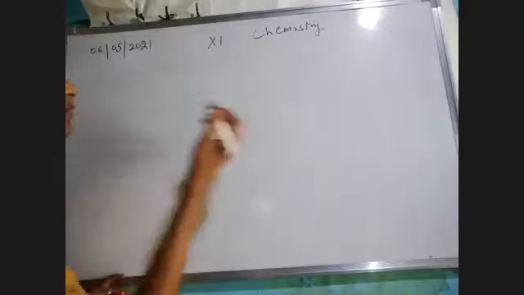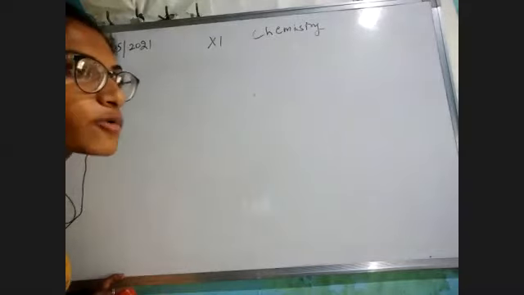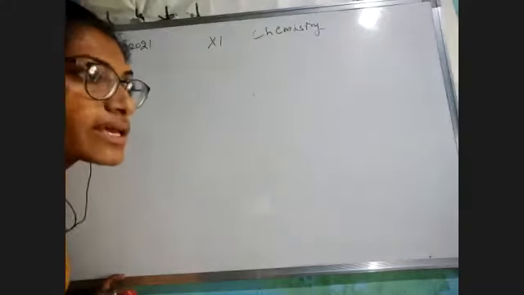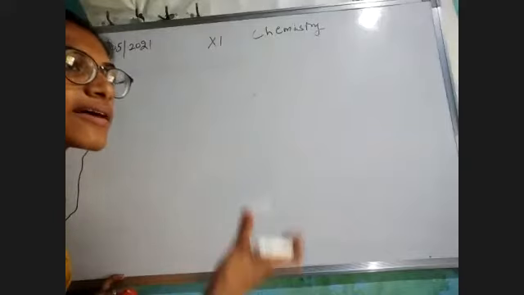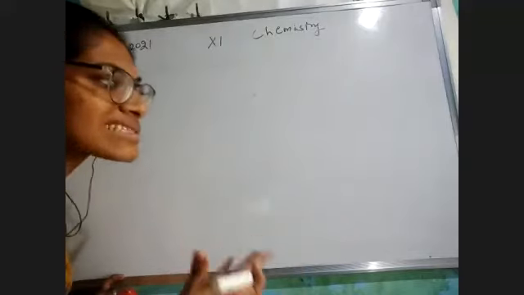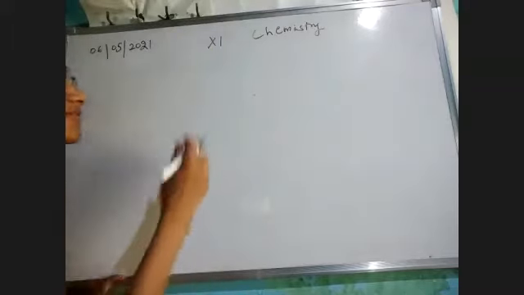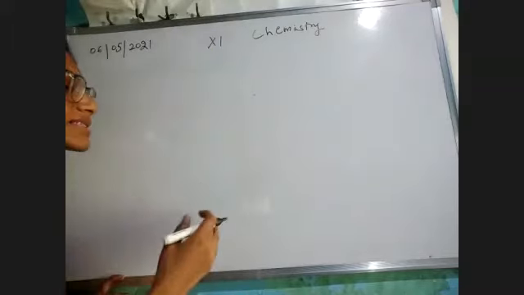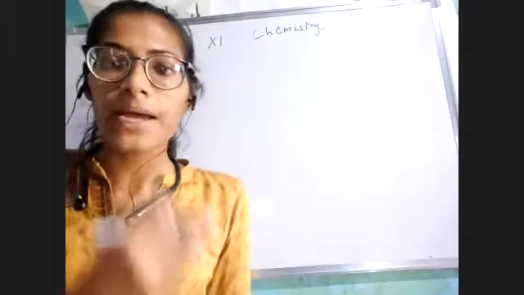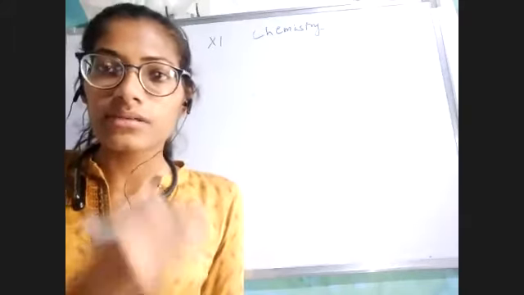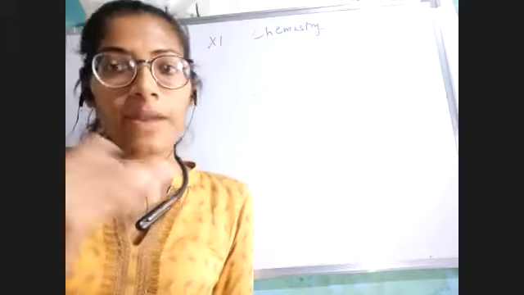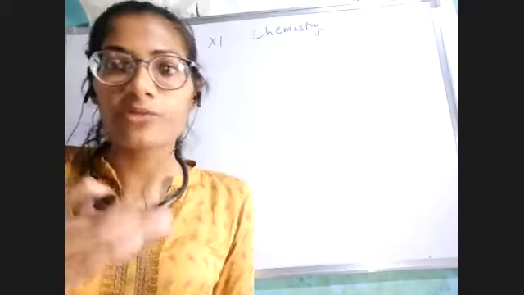Whenever hydrogen releases energy, it comes in the form of lines, which is known as line spectrum or emission spectrum. These lines have been discovered by many scientists, and different lines were given names by different scientists. You have to remember this.